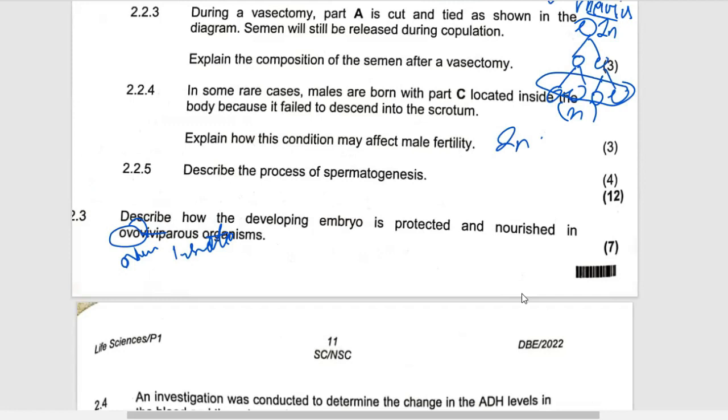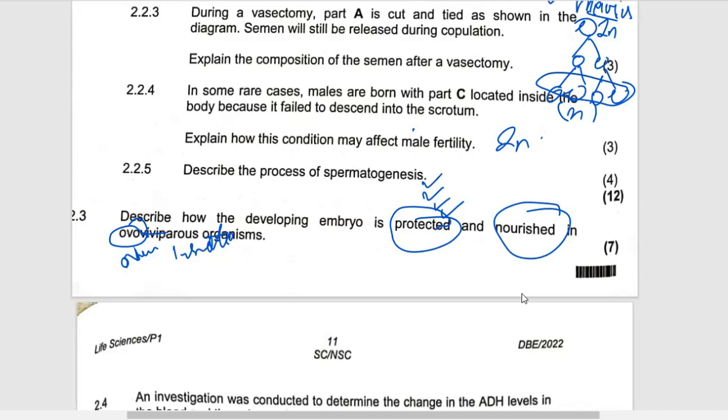So how is it nourished and protected? Basically, you have 2 questions which you are supposed to answer. You're supposed to look for a way of protection, and a way of nourishment. For protection, you look at the amniotic egg, the layers, what you call the extra embryonic membranes. The first one is the allantois.